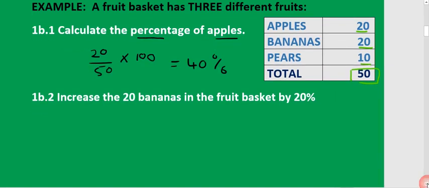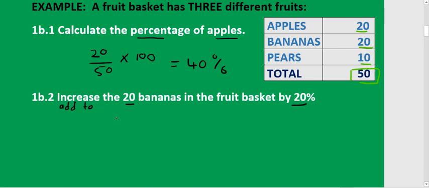Move on to the next question. We want to increase, and now remember, to increase means to add to. So we want to increase the 20 bananas by 20%. The first thing we want to do is calculate 20% of the 20 bananas to see how much that 20% is worth.